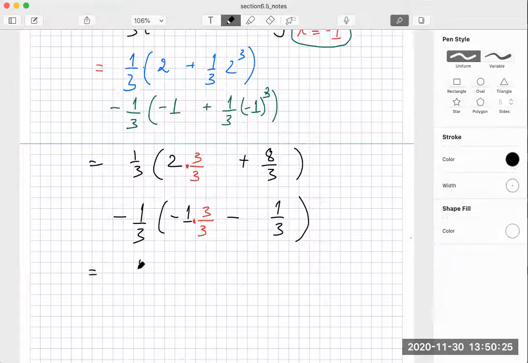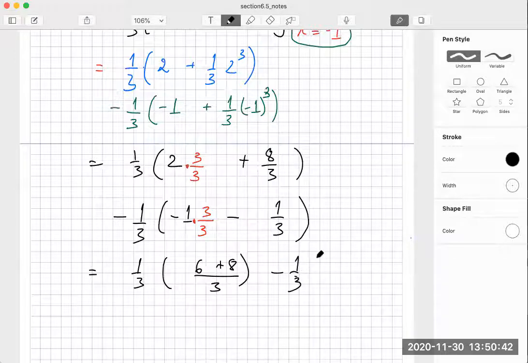So it becomes 1/3 multiplied here 2 times 3, which is 6, plus 8, then divided by 3, minus 1/3. And here it would be -3, -1/3, right?